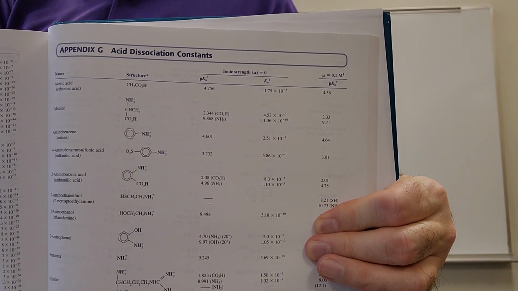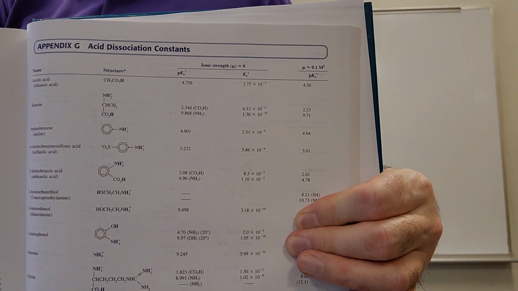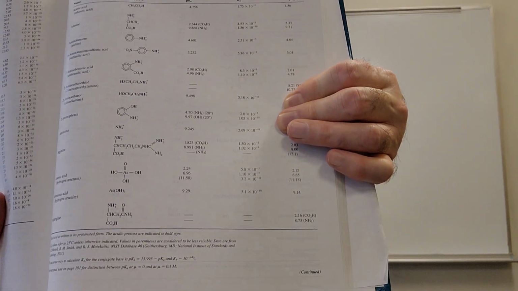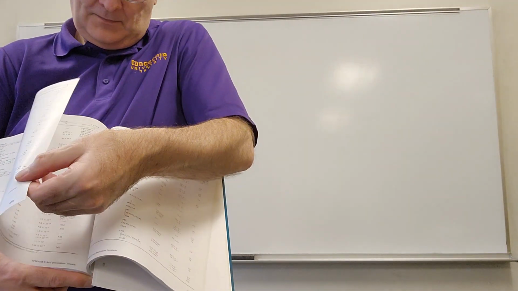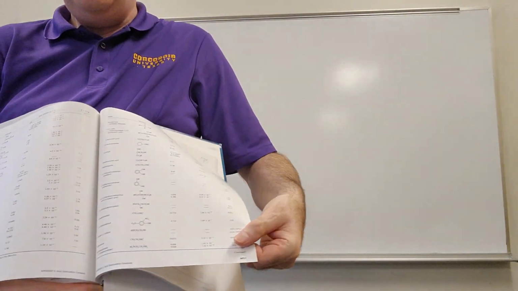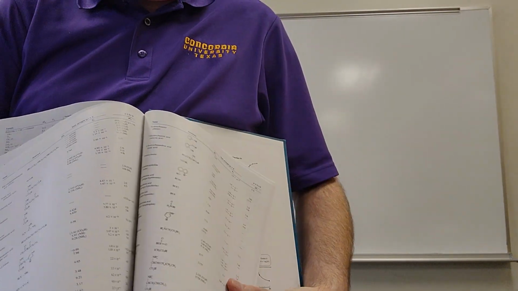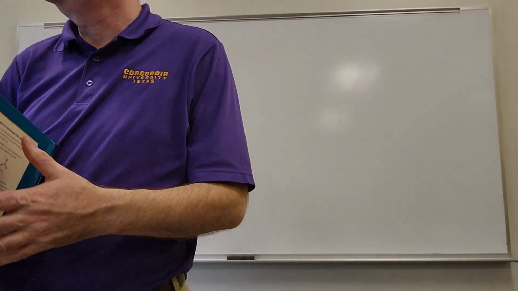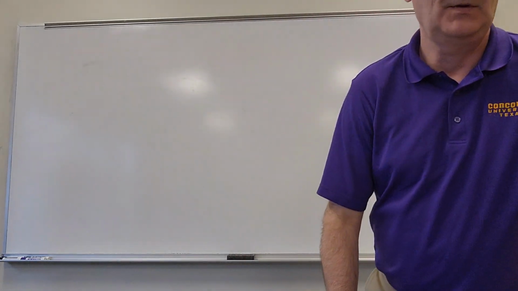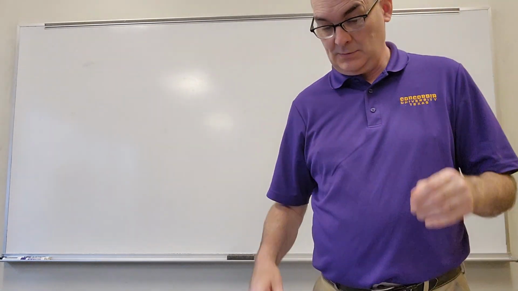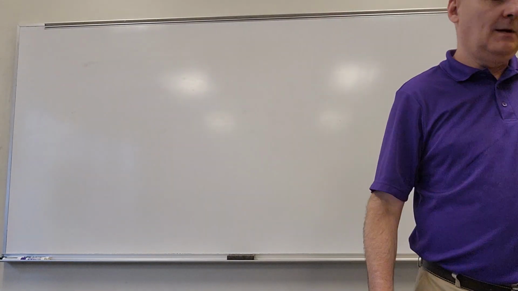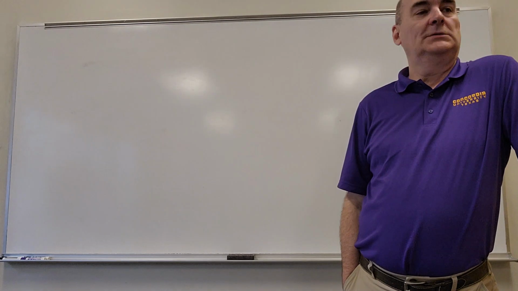Here are our acid dissociation constants. There's a whole appendix for them with lots and lots and lots. I don't know how many pages long it is. Many, many, many pages long. And they're all Kas. Now, if you are a base, you do basic things.